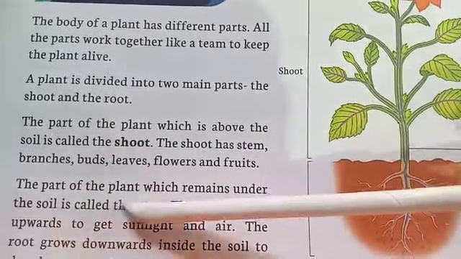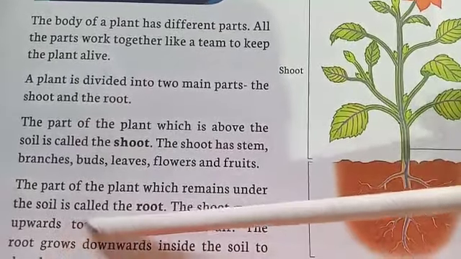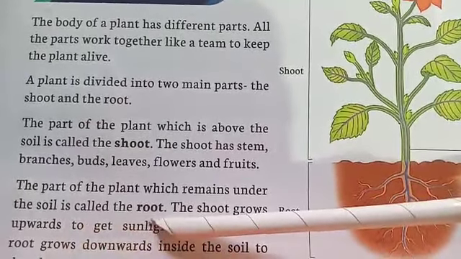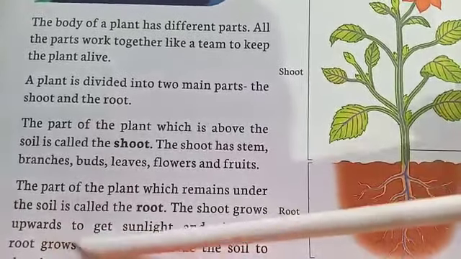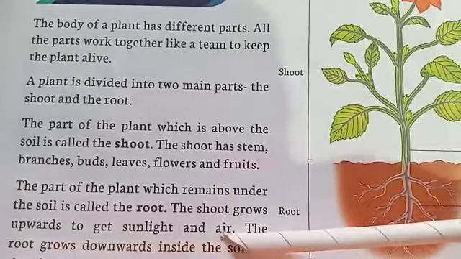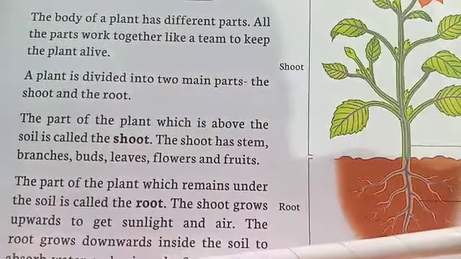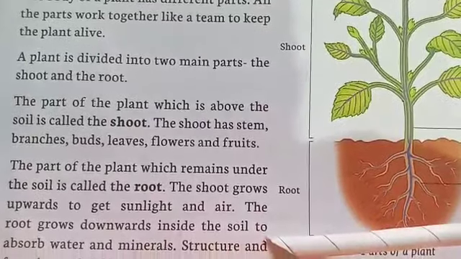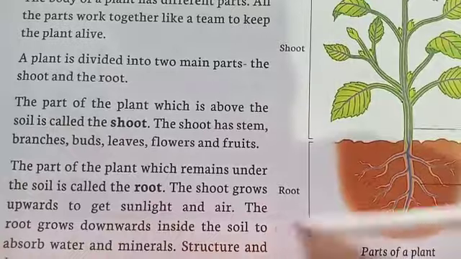The part of the plant which remains under the soil is called the root. The shoot grows upwards to get sunlight and air. The root grows downwards inside the soil to absorb water and minerals.